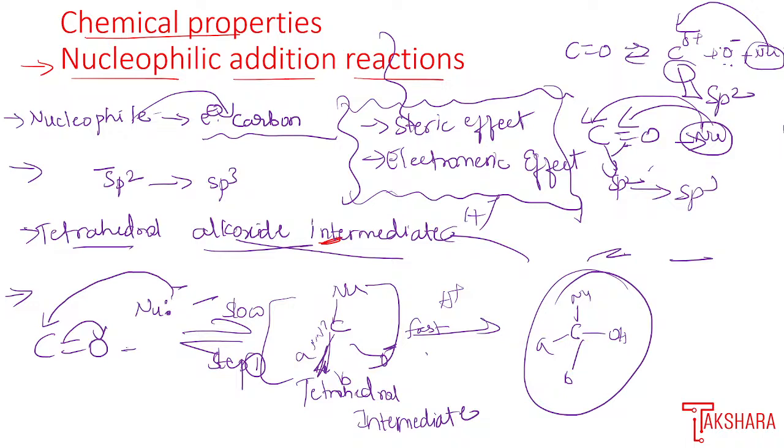So what is the meaning of steric effect? The presence of two large substituents in ketones hinders the approach of the nucleophile to the carbonyl carbon, more than in aldehydes. In ketones especially, the two large substituents hinder the approach of the nucleophile to the carbonyl carbon than in aldehydes.